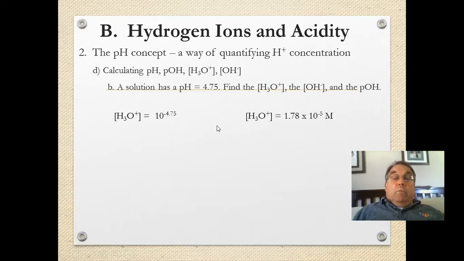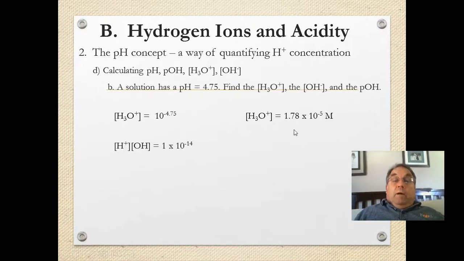Okay. So you basically hit the second or the inverse function of the log, inverse log. And you should get 1.78 times 10 to the negative fifth. Now, if you want to find the OH concentration, remember that these two multiplied together equals 10 to the negative 14th.